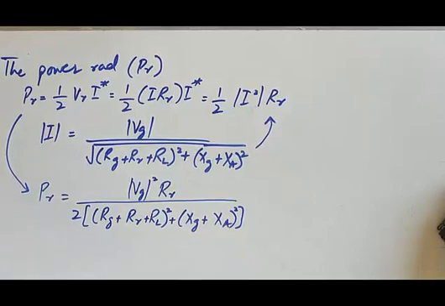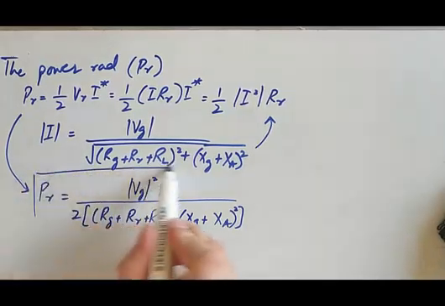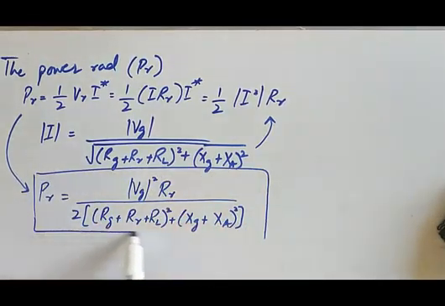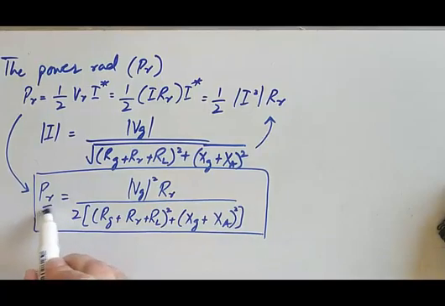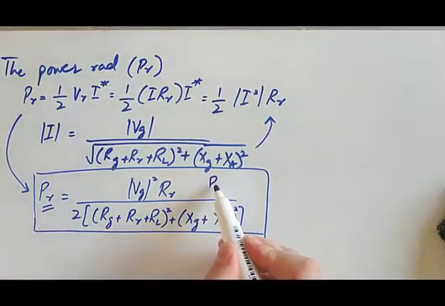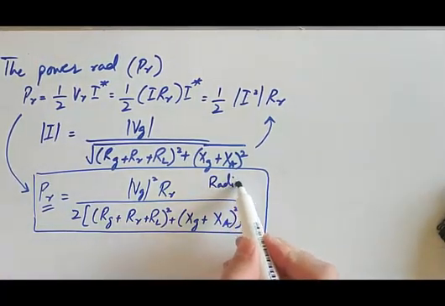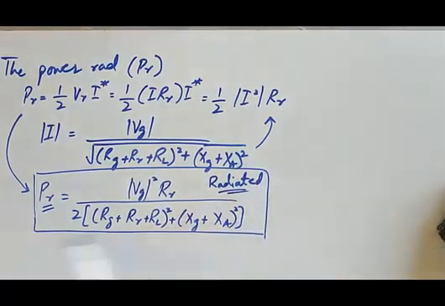So this is how it goes, and this equation shows us the power radiated out of the antenna. The power dissipated in the antenna can also be easily found.